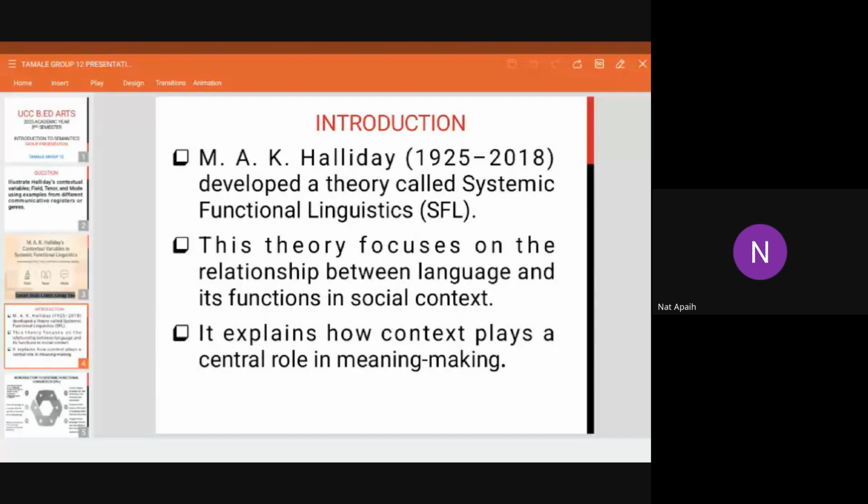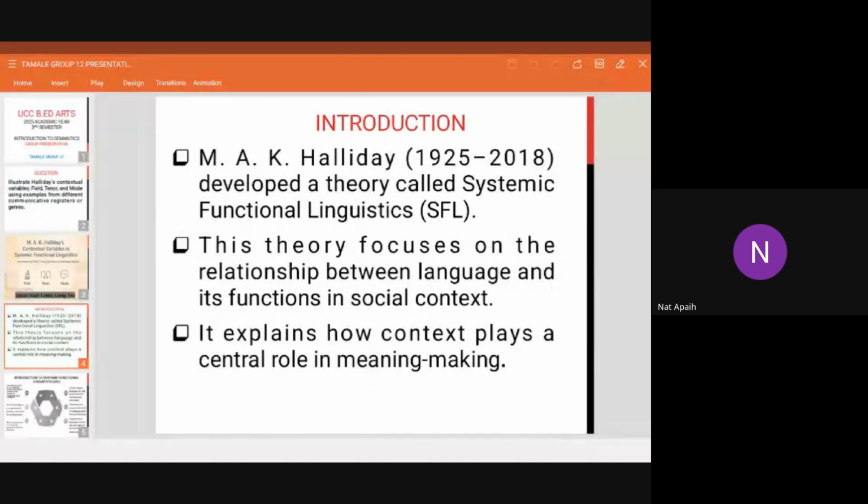So basically, M.A.K. Halliday, who was born in 1925 and died in 2018, developed a theory called systemic functional linguistics, or in short, SFL. This theory focuses on the relationship between language and its functions in social contexts.